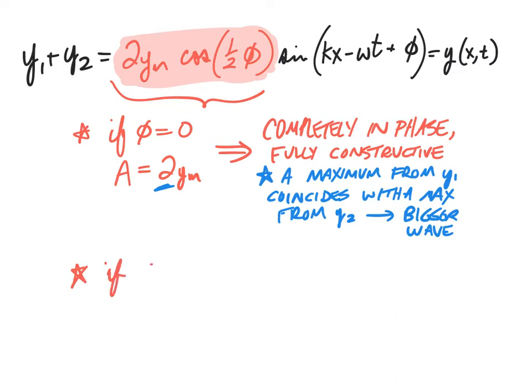If that phase shift is equal to pi, then the amplitude is 0. So why did I pick pi? Okay. Well, what's the cosine of half pi, of pi over 2? 90 degrees, it's 0, right?